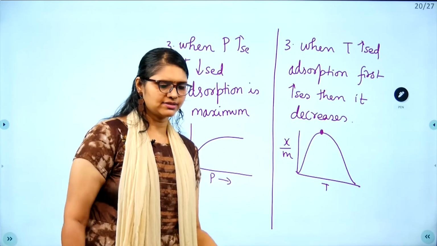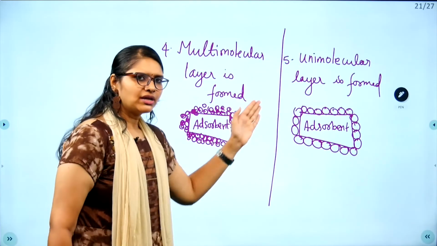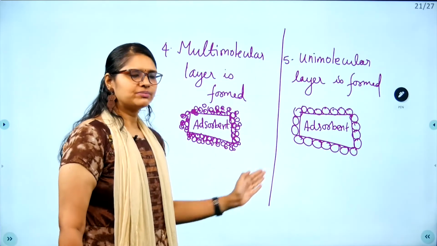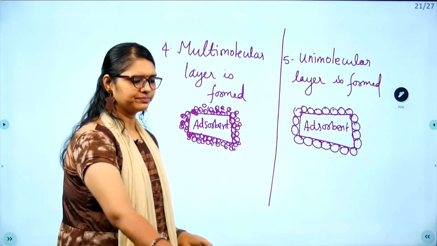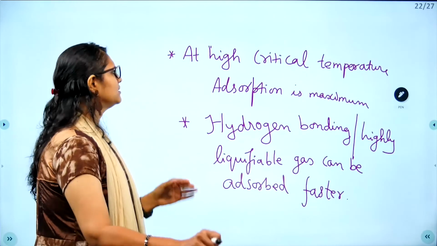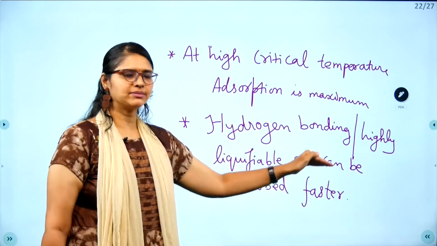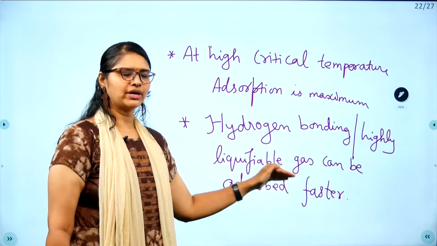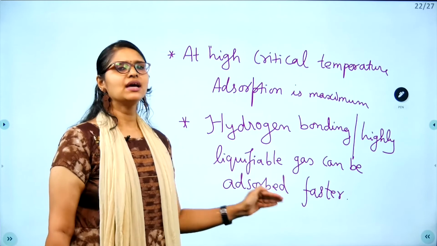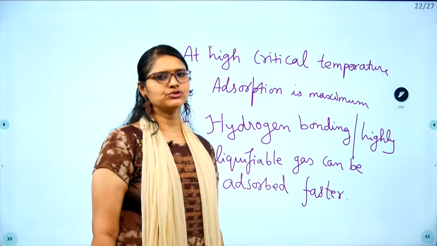A multimolecular layer is formed in the case of physisorption, and a unimolecular layer is formed in the case of chemisorption. And these are the general points. At high critical temperatures, adsorption is maximum, gases that can form hydrogen bonding, and highly liquefiable gases, can be adsorbed faster. Okay, hope you guys understood.